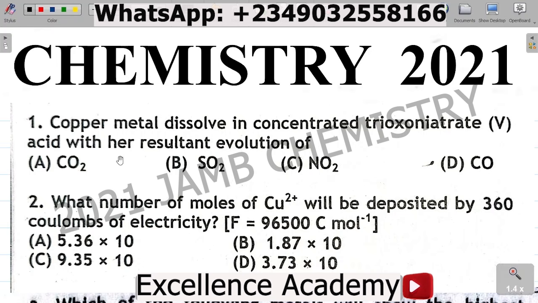Now for this question, you have copper metal being dissolved in concentrated trioxonitrate(V) acid. Let's write out the full equation of this reaction.